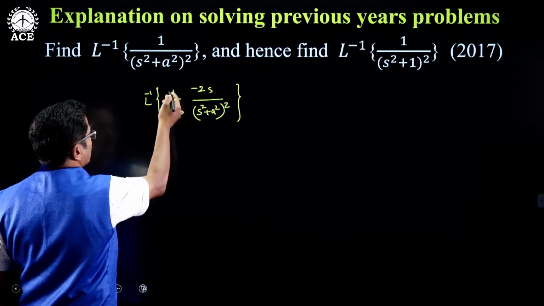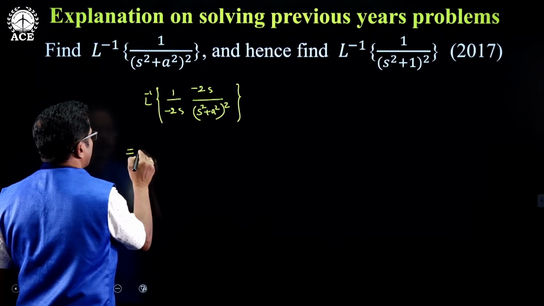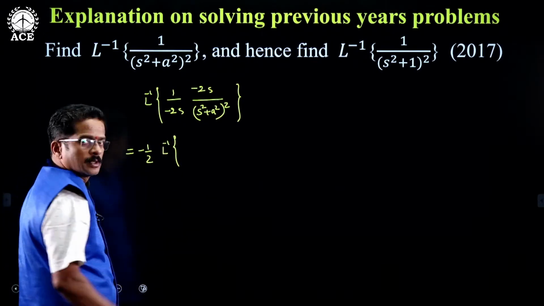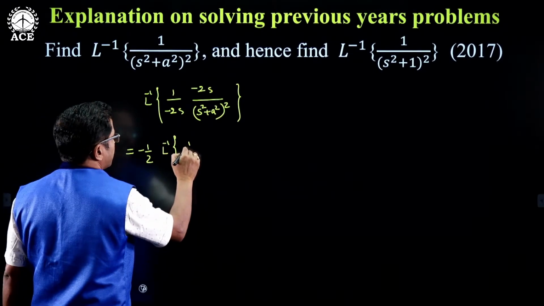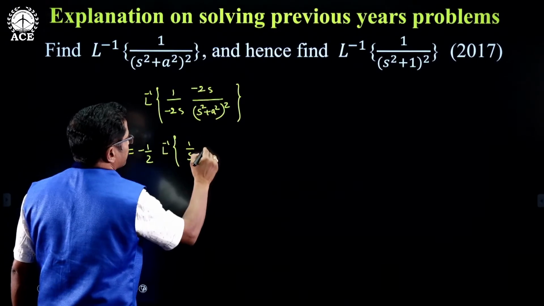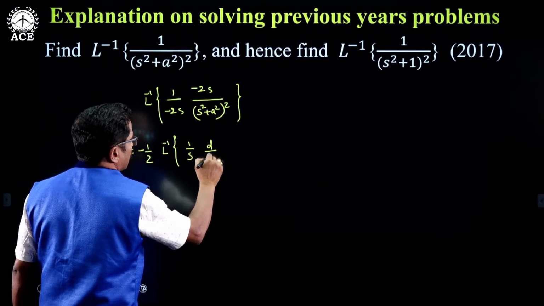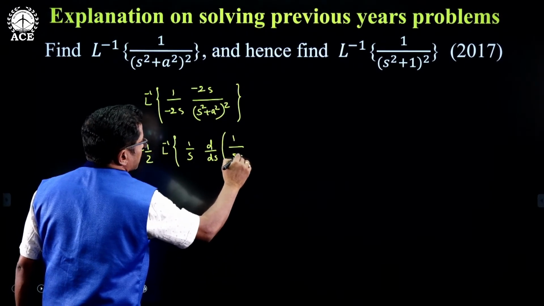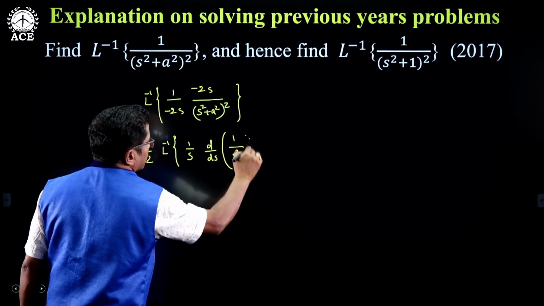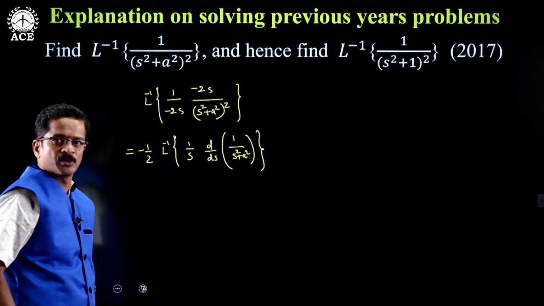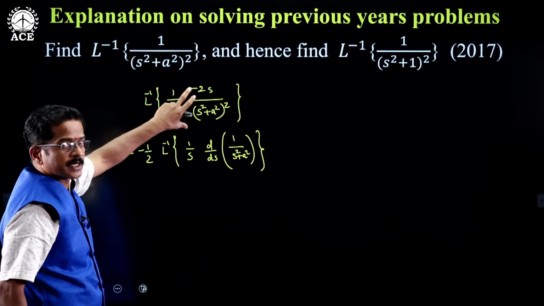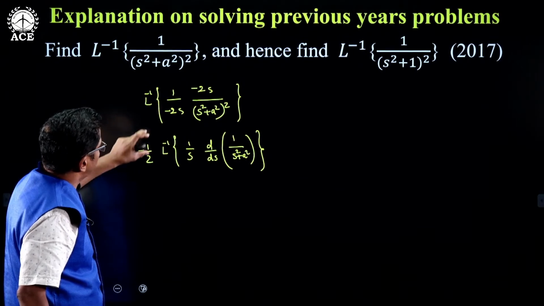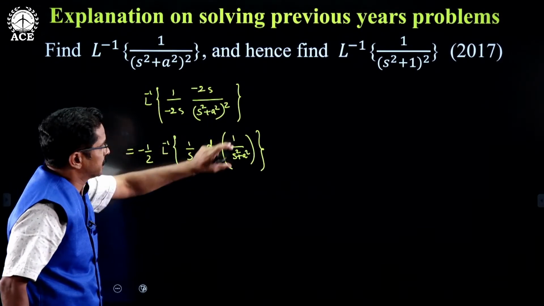So this 1 by minus 2 I will bring out, minus 1 by 2 L inverse of 1 by s, and this totally becomes d by ds of 1 by (s square plus a square). So the given sum I am just writing like this, minus 1 by 2 I am bringing outside, so 1 by s will be left, d by ds of.